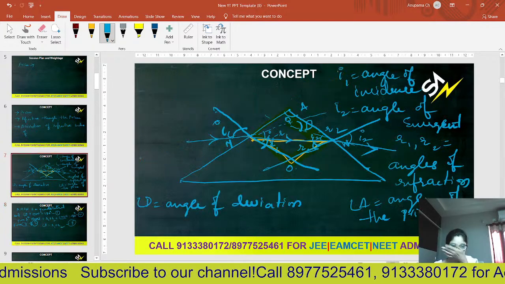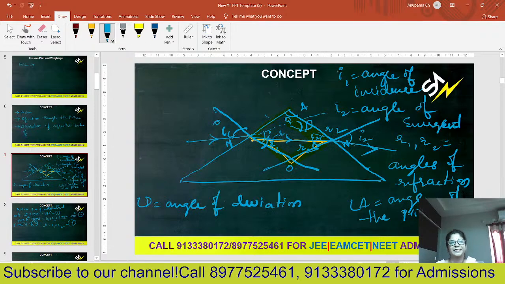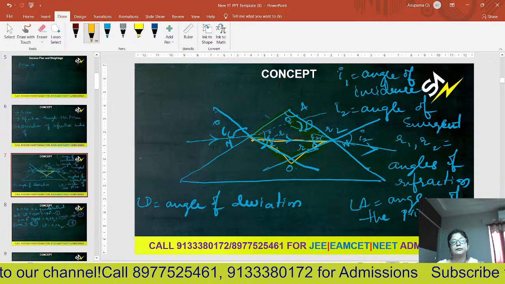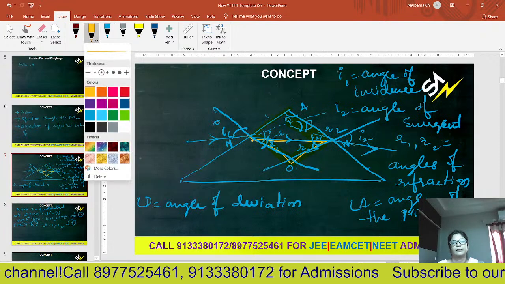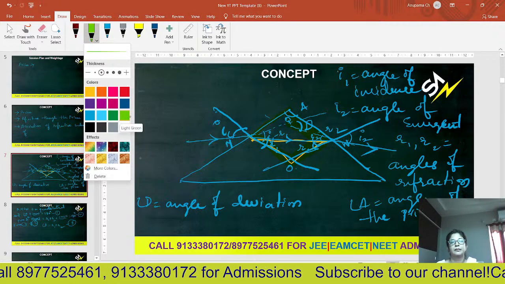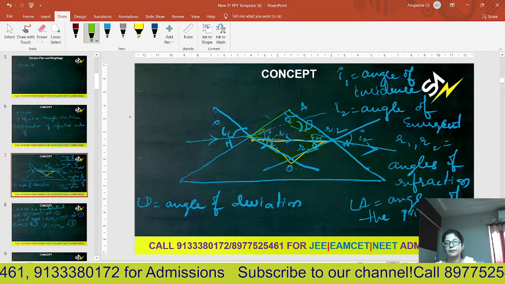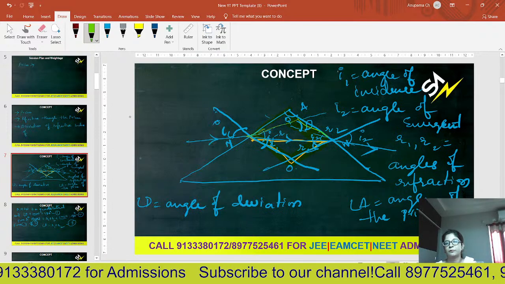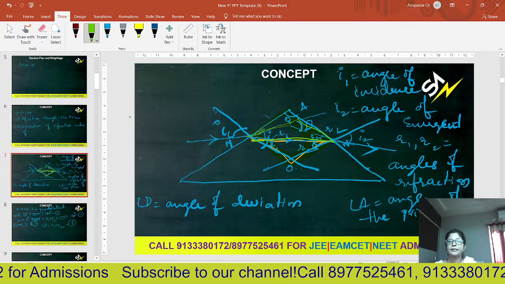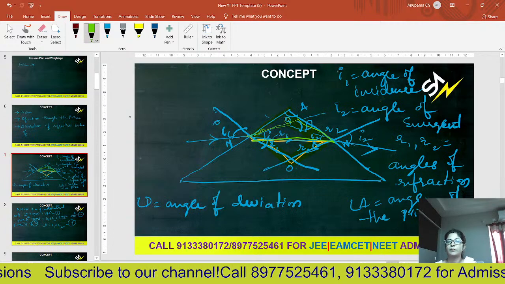Now, from this triangle, which one is this? I'll just change the color. Yeah, choose green. Okay. From this triangle, which one? Are you able to see? I hope you are able to see this triangle. This I wrote as Q, right?